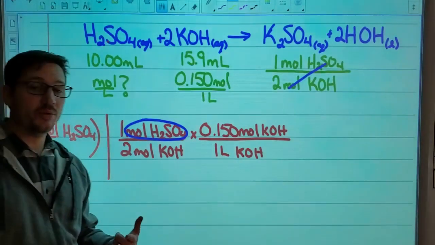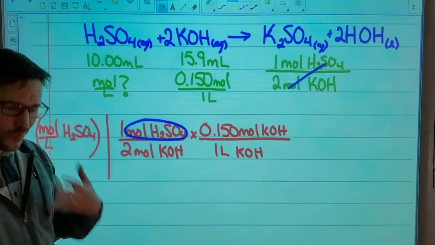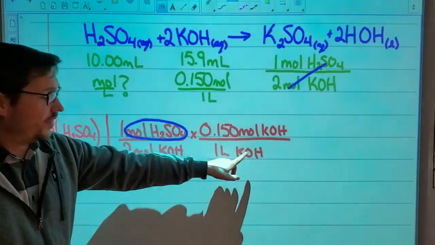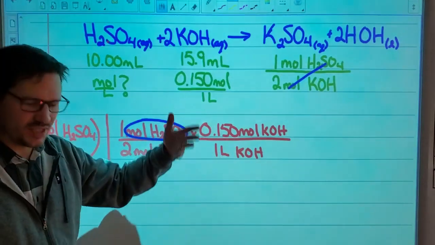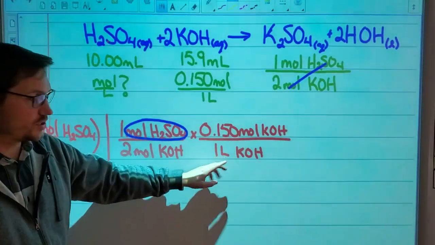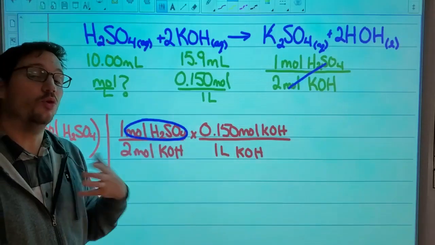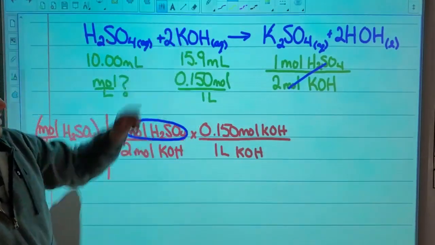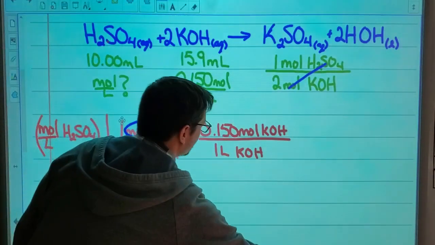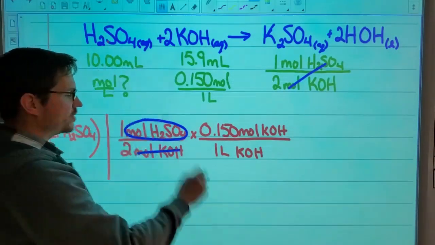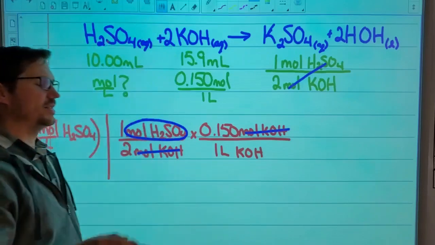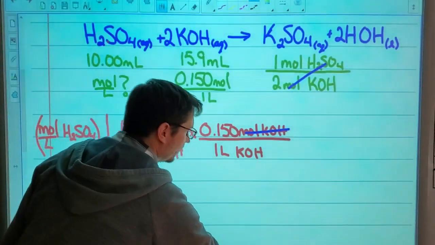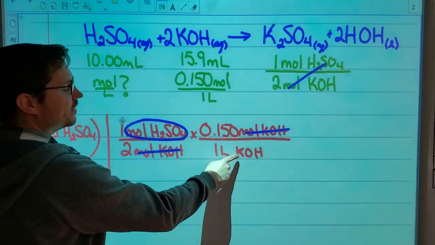When we're doing stoichiometry, I really want you to attach the entity, who it belongs to, the identity, to the unit. So if you write down liters, write, well, who does the liters belong to? Liters of KOH. It's liters of this substance. So what does that do? Moles of KOH cancels, moles of KOH cancels. Nice. Okay. Now we need to cancel with liters of KOH.